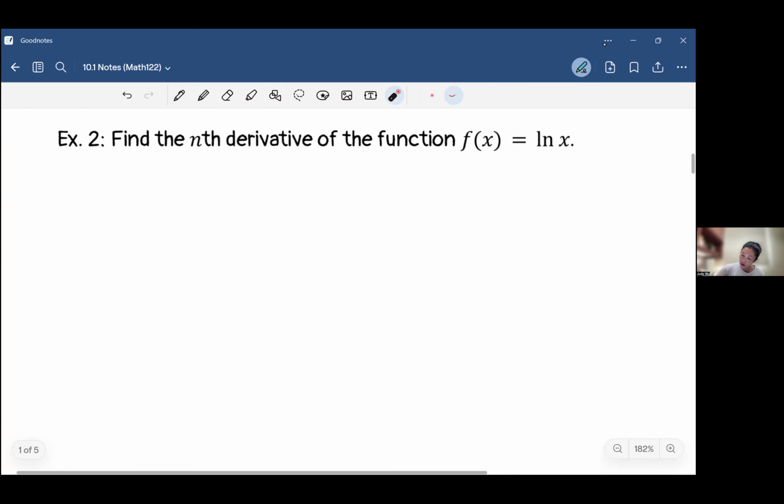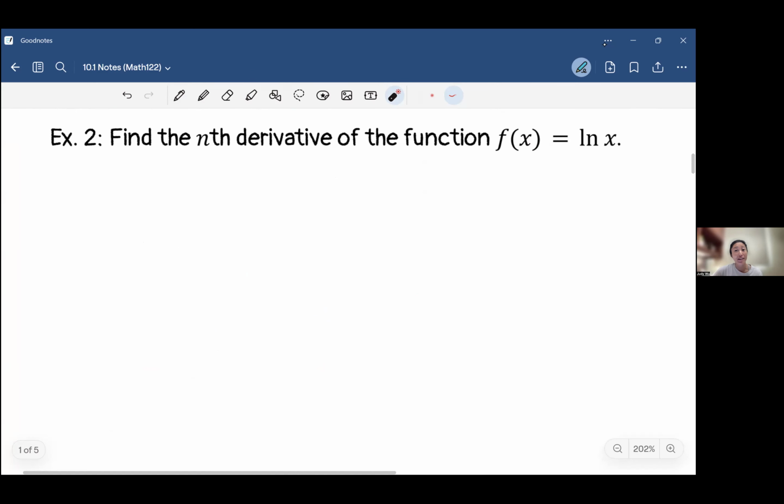Okay, so example number 2, find the nth derivative of the function f of x equals natural log x. Okay, so we're going to do the same thing we did before, which is go through a few derivatives, not simplify, and look for the patterns. So f of x equals natural log x. That's our original function.